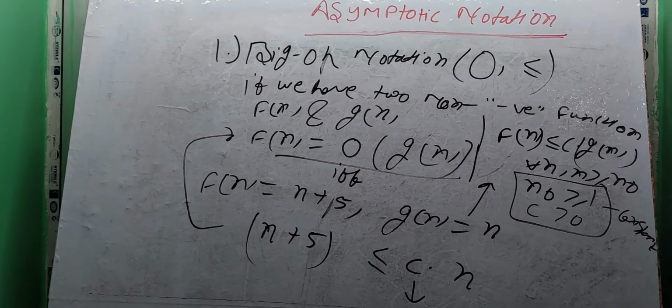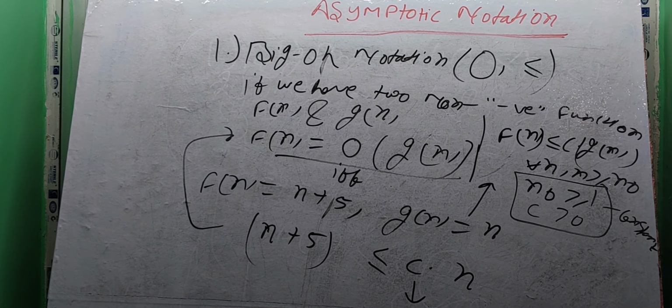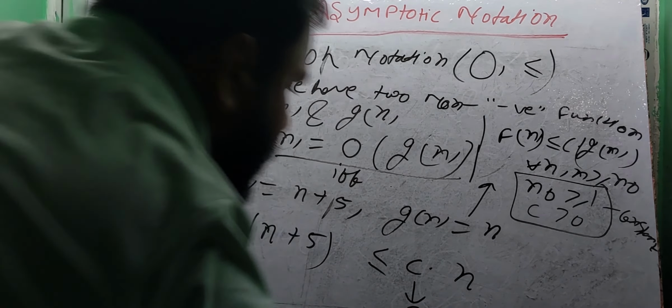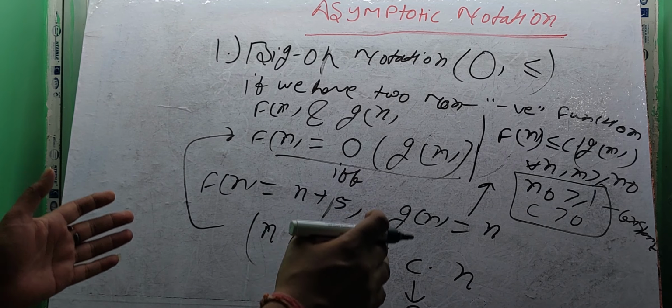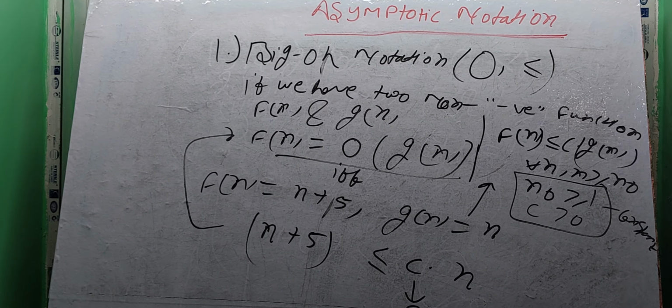Now if we take c as 2, now start from 1 and try to put it in both sides, and then find n naught. That n naught is nothing but that from that point, whatever value we put in this example, g of n will always be greater than equal to f of n.